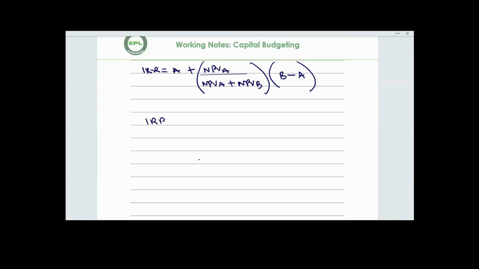Therefore, IRR for project A, we assume 15 and 20%. 15% is lower. So 15 plus 2,400 divided by 2,400 plus the NPV of the higher discount rate, 12,080.